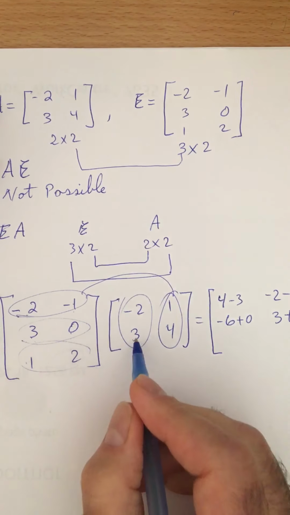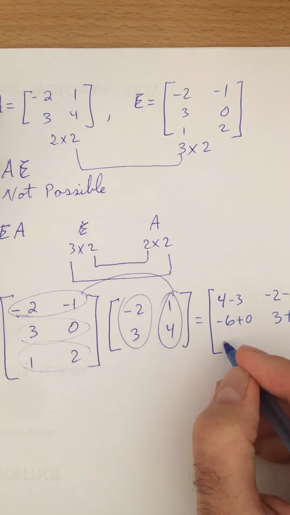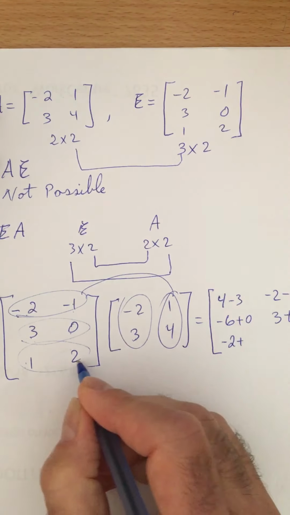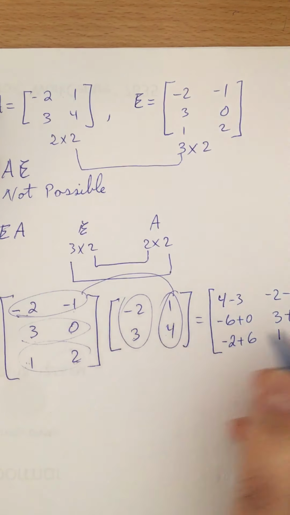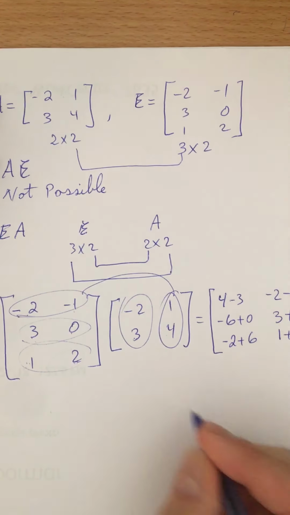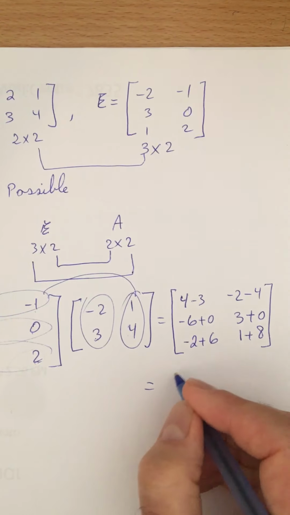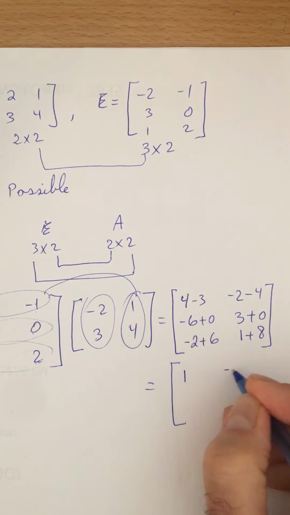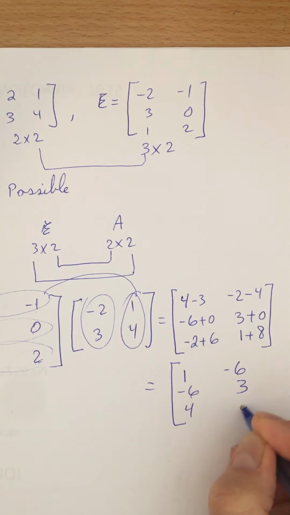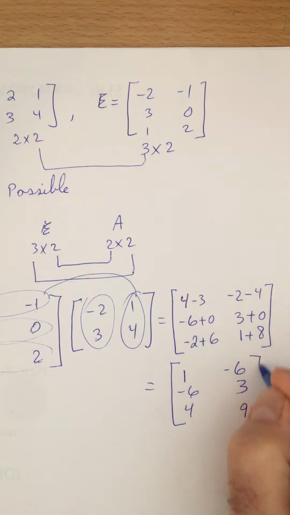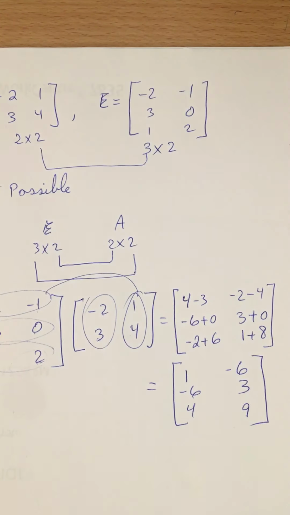Then this row times these two columns. 1 times negative 2 is negative 2, plus 2 times 3 is 6. 1 times 1 is 1, plus 2 times 4 is 8. So my resulting matrix will be 1, negative 6, negative 6, 3, 4, 9. Perfecto. And I didn't make a mistake with the signs.